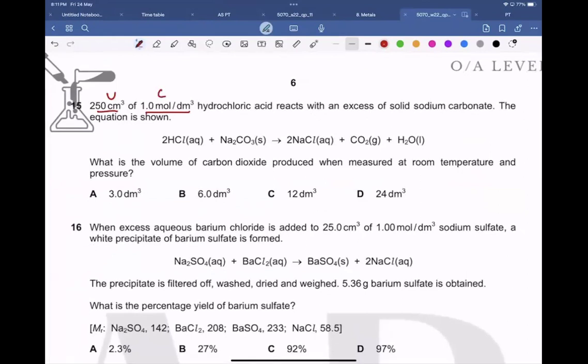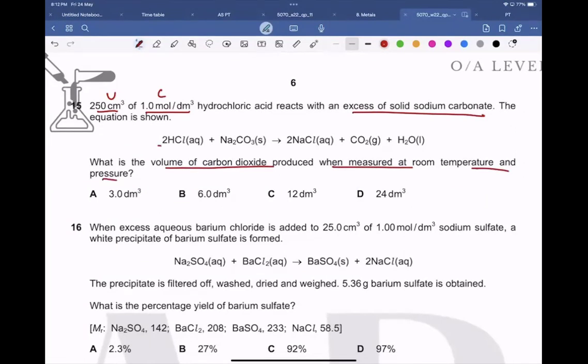The first possible smallest whole number with which we get a whole number. So you have the concentration, you have the volume, with an excess of solid sodium carbonate. What is the volume of carbon dioxide produced when measured at room temperature and pressure?